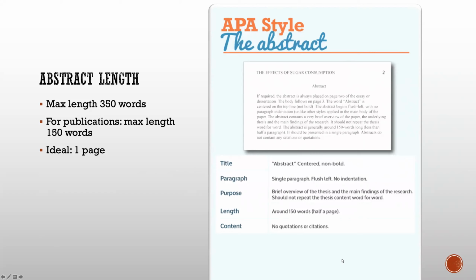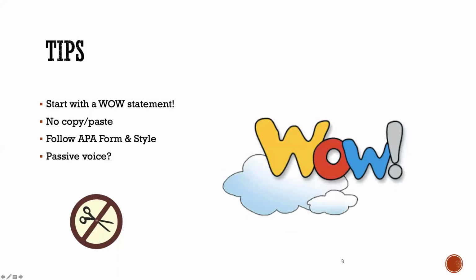So let's move on to some tips about abstracts. Begin with a wow statement. So what do I mean by a wow statement? If you think back to the earlier slide when I was mentioning creating a commercial for your dissertation, one of the very first things you'll see in any advertisement is something to capture your attention.